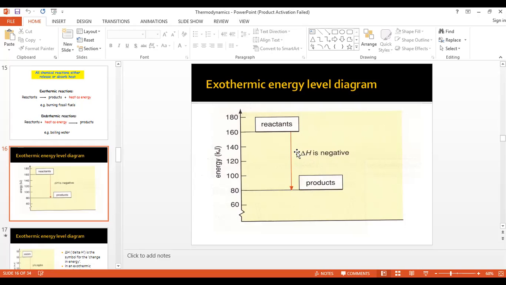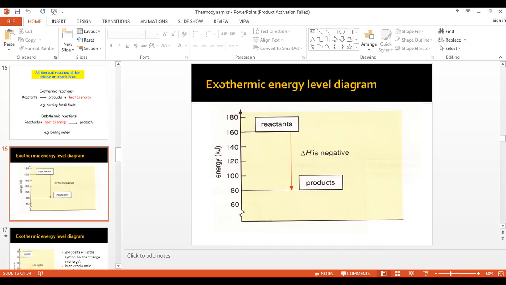Yes. How to find out? There are two ways. First, from the arrow. If the arrow is from the reactant towards the product, this is exo. And second, if the delta H value is given with a negative sign, like delta H minus 200, minus 180, minus 822, any value given with the sign of delta H, if given in negative, the reaction is exothermic.